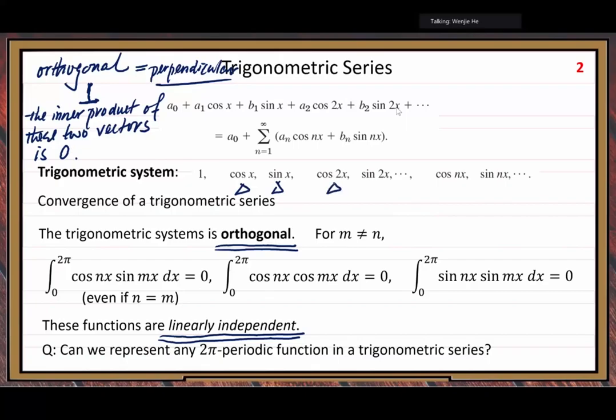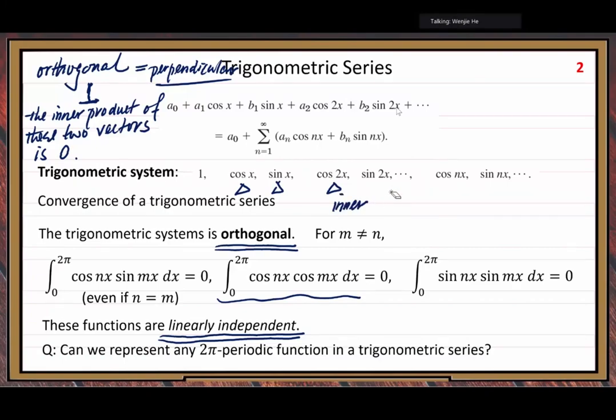It's an object. Its form is different, but it's some mathematical object. Now we generalize the inner product between two vectors to the inner product between two functions. Can we define the inner product between two functions?